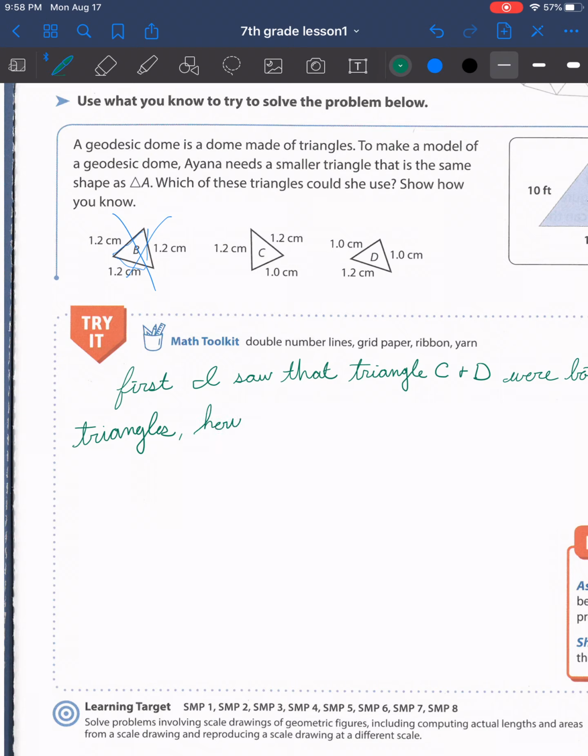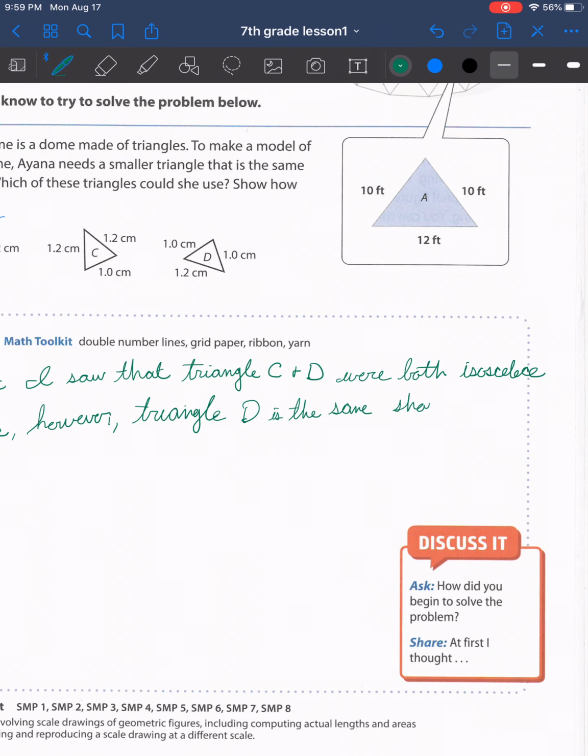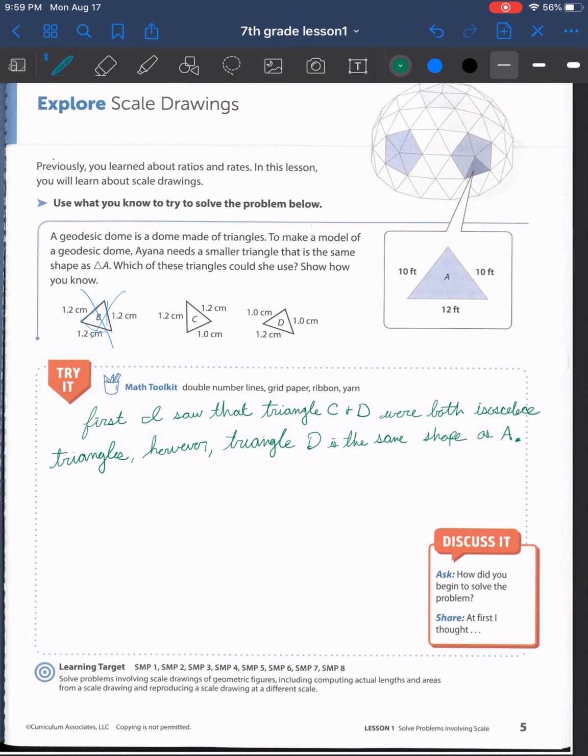However, triangle D is the same shape as A. Okay, so that's a good beginning to your answer.